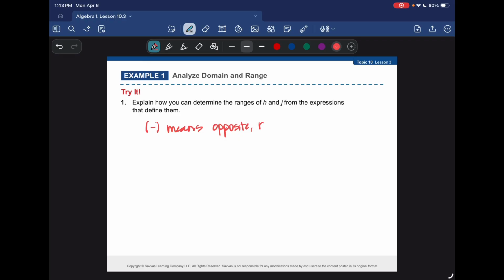So it is reflected and thus downward facing. And we know that that -2 constant added to the output shifts the whole graph down 2 units. So we've already talked about that. We could just look at the equation to be able to determine domain and range for those expressions.